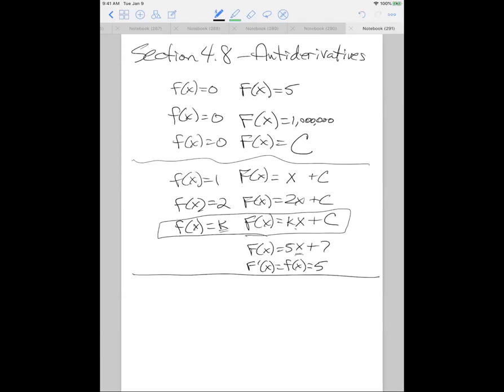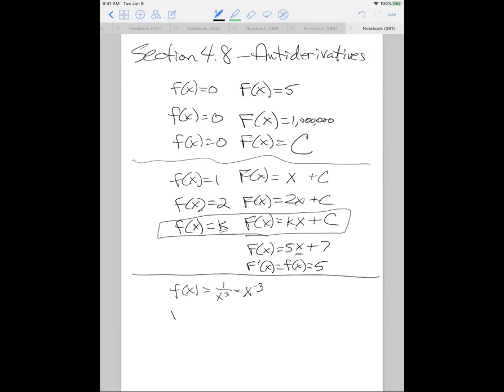So for instance, if I have lowercase f of x equals 1 over x to the third, okay? Well, to take the antiderivative, I've got to put this in a position to bring it upstairs and make it x to the -3. And now for the antiderivative, I use that rule. I raise the power by 1 and divide by that new power.